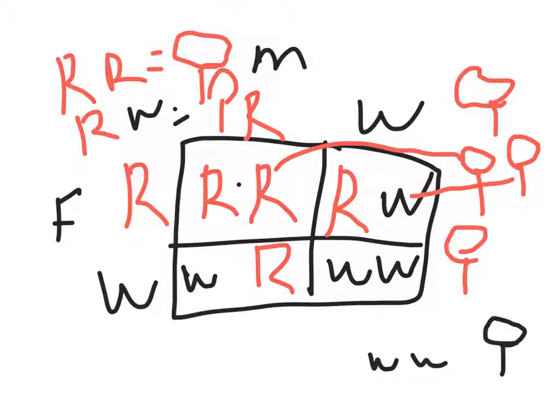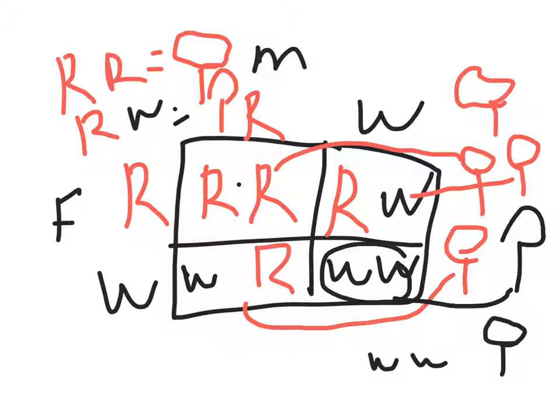It is only when both gave the recessive W that we ended up with a white flower.